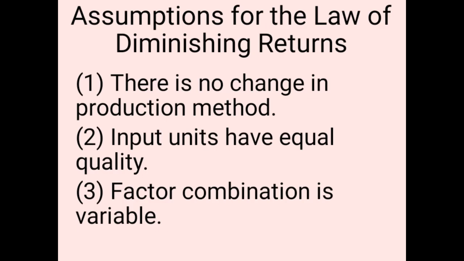The factor combination changes, and if zero production takes place, this law does not apply because in this condition factor combination remains invariable. But naturally, when we are changing the number of laborers, it is definitely going to affect the production. Machine is kept constant, but here there is a change in laborers. The laborers figure is 4 or 6. In the example, we had one machine plus 5 laborers and we were producing 4 quintal sugar.